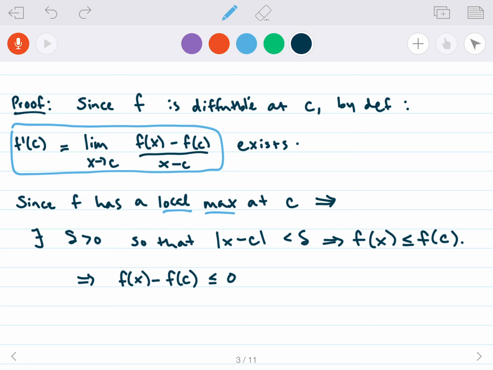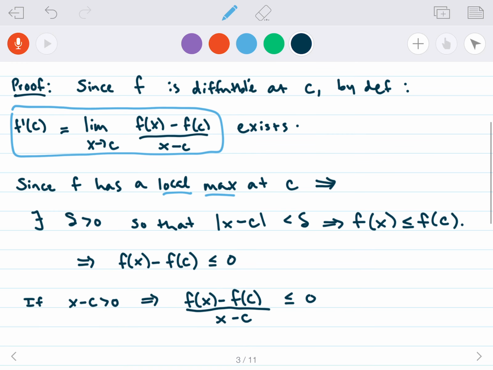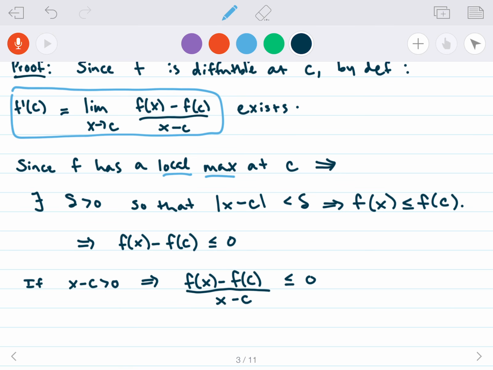So we have two choices to work with, right? If x minus c is positive, when we divide by x minus c, no signs get flipped. So f of x minus f of c divided by x minus c is going to be less than or equal to 0. No harm, no foul, right?